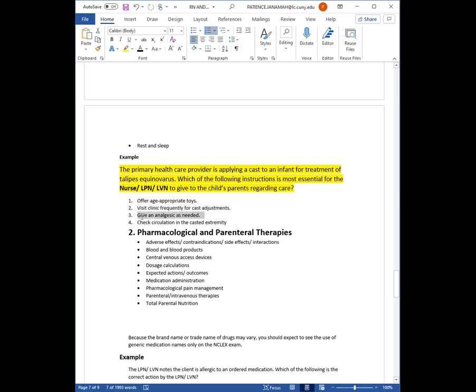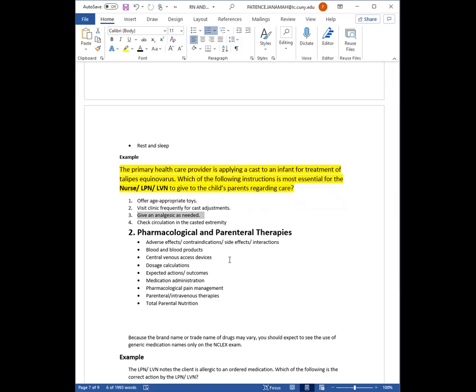As needed, is the child in pain? Is the child crying? You tell the mother, if the child is in pain, give this. But you still need to follow up with the clinic as well. But checking circulation to the casted extremity is very, very necessary. So if you have the cast from here to here, you have to look at the fingers. Are they bluish in discoloration?